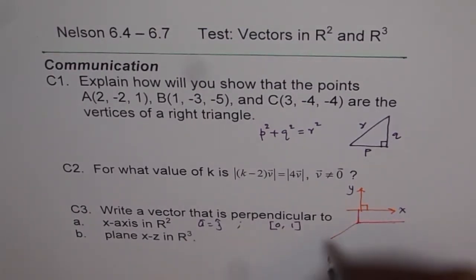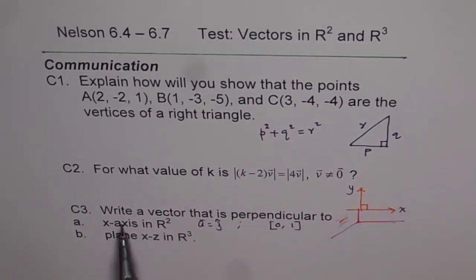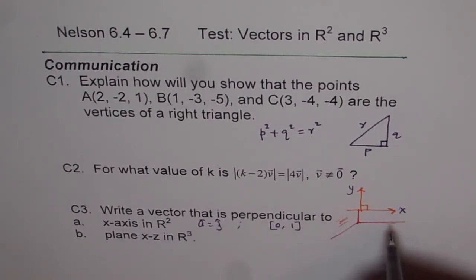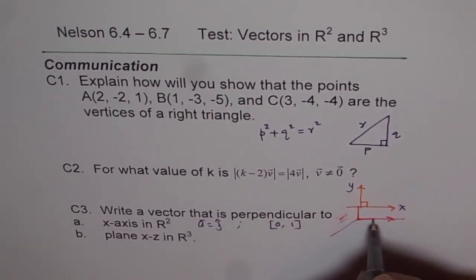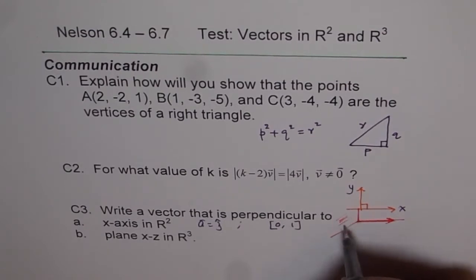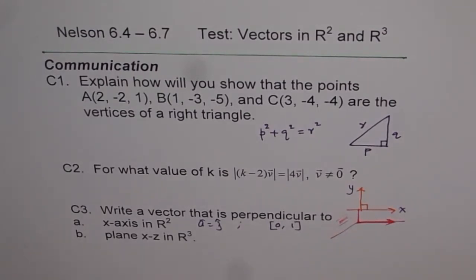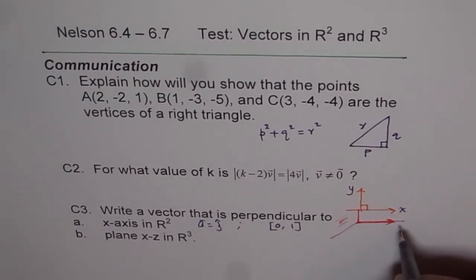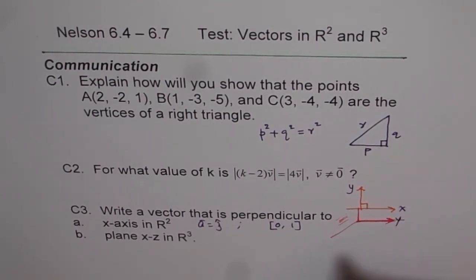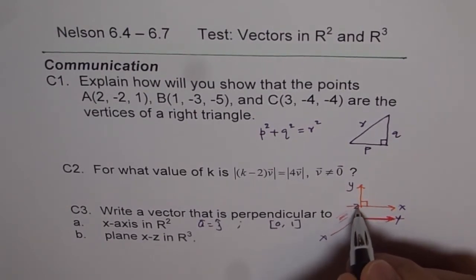The plane x and z is this plane. Write a vector that is perpendicular to this. This is the vector which is perpendicular to the plane xz. Do you see that? So you need to write again the y-axis. Now this is the y-axis here, this is x, and that is z for you.